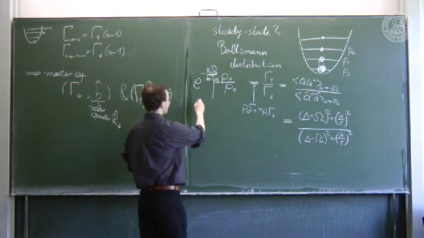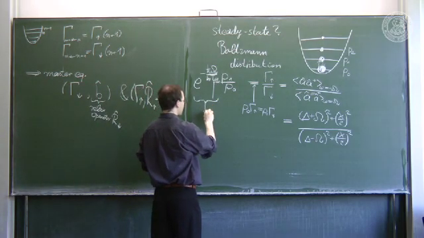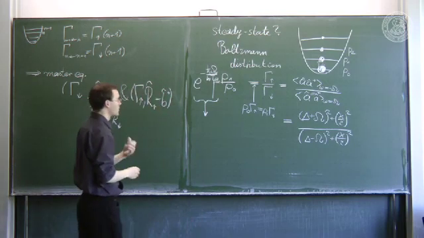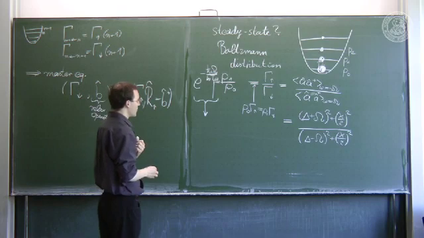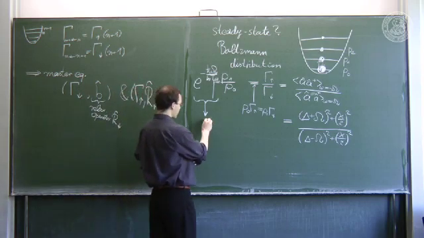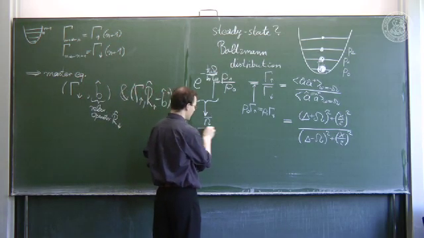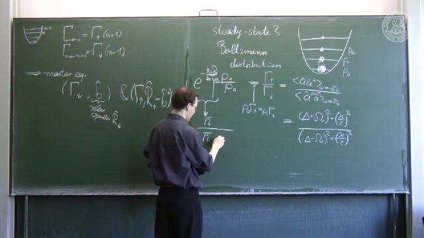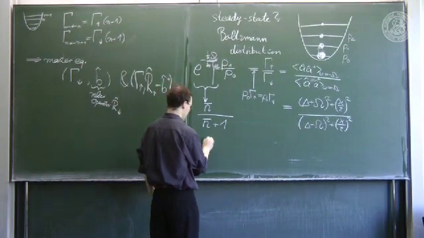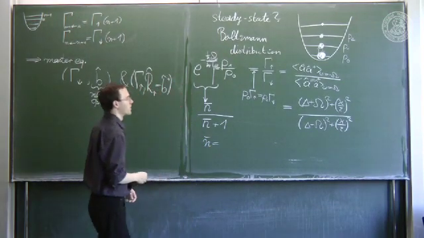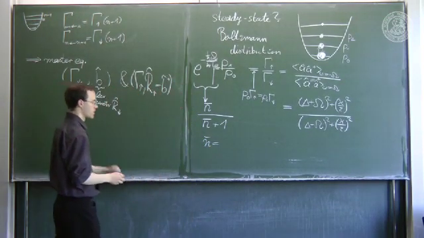And so it turns out, if you think about it, that this ratio, that this exponent, e to the minus energy divided by kBT, is also simply the average phonon number divided by the average phonon number plus 1. And n bar is the average phonon number in steady state in my mechanical oscillator.